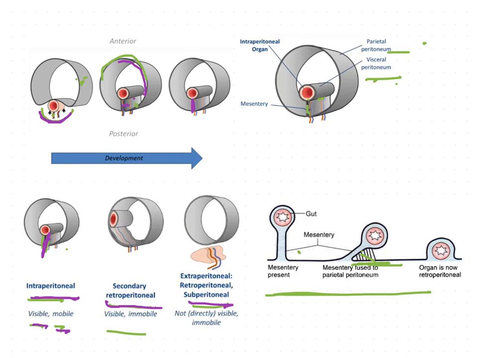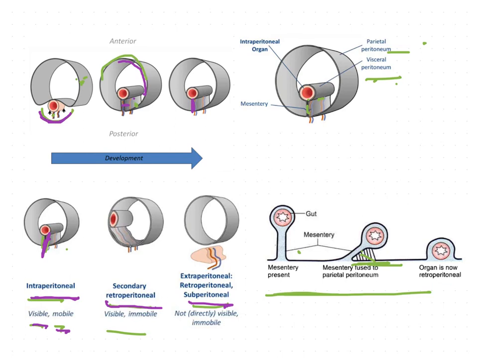If you see the secondary retroperitoneal or mesoperitoneal visceral organs, here the peritoneum covers almost all sides, but some part is not covered by the peritoneum, so they become mesoperitoneal viscera.